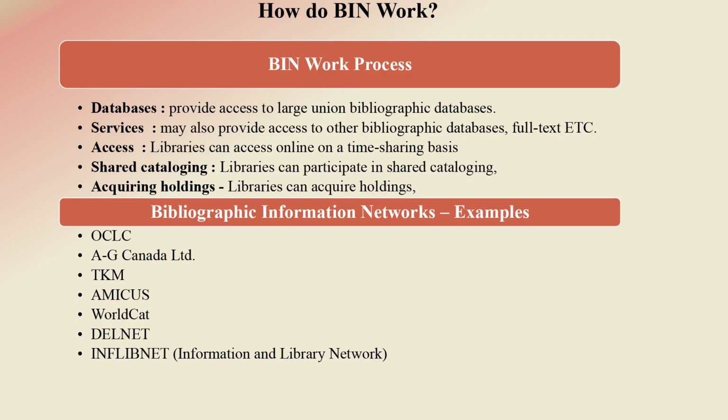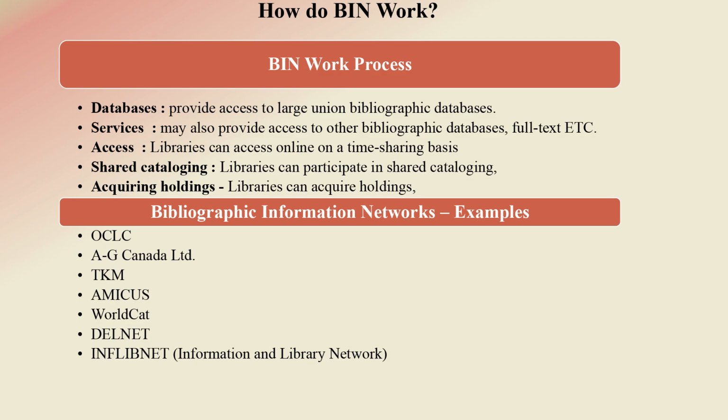So OCLC, a Bibliographical Utility Network, Information, AG Canada Limited, Amicus, WorldCat, the World Union Catalog, and DELNET, a union catalog of the books and periodicals of member institutions. INFLIBNET, you know, the Information and Library Network, has been entrusted to operate the ONOS, One Nation One Subscription, and has been giving cooperation for library services.